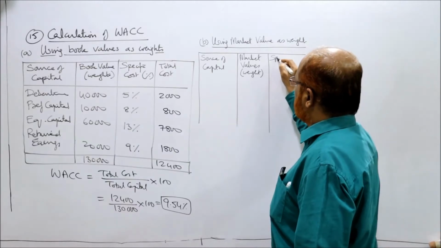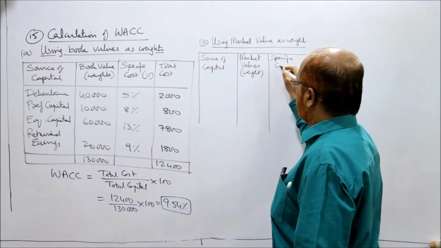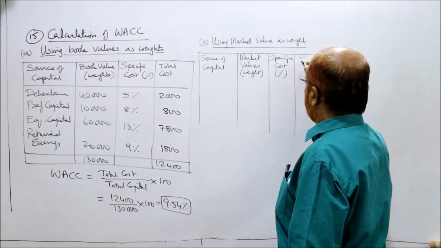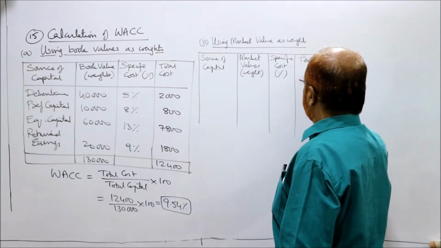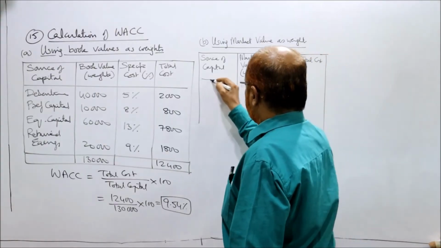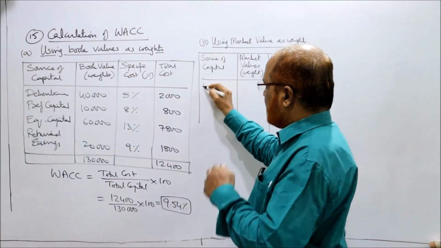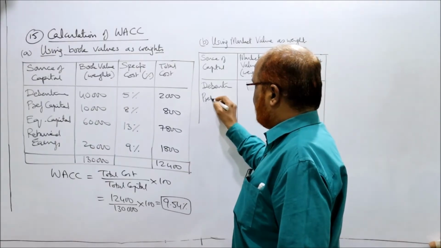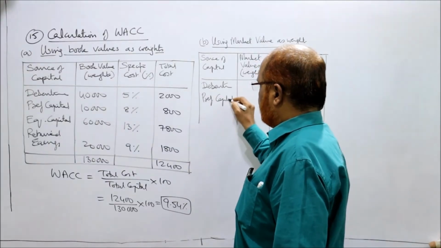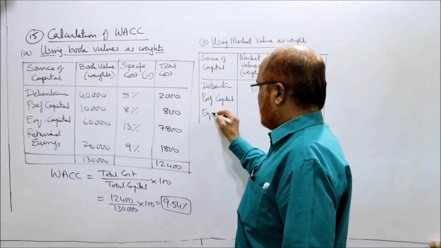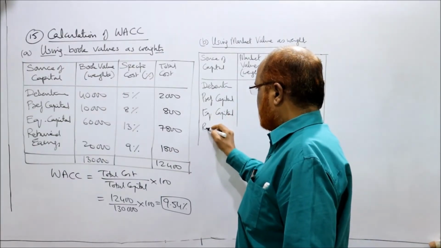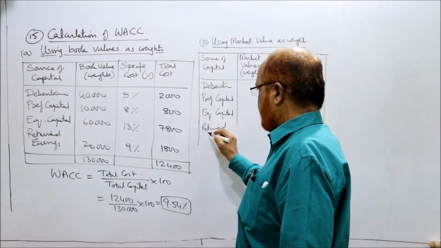Then we have specific cost percentage. Last one we have total cost. Same items we will take: debentures, second, preference capital, third one, equity capital, last one, it is retained earnings.